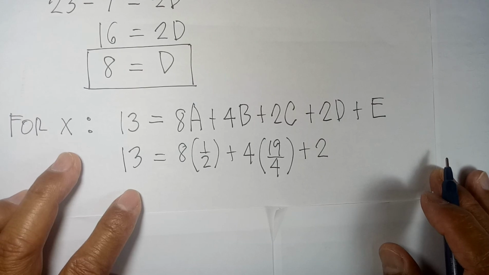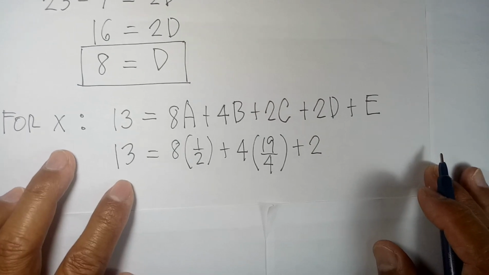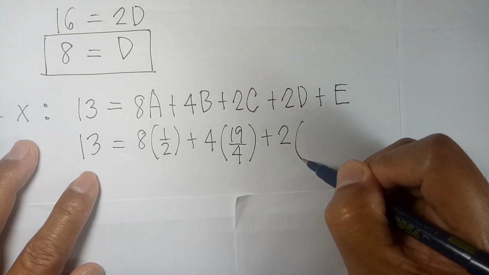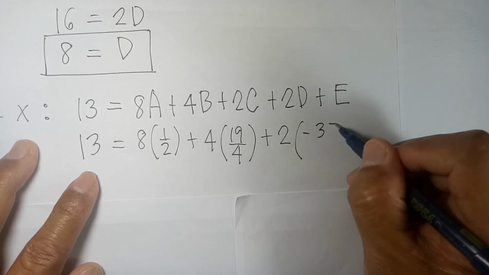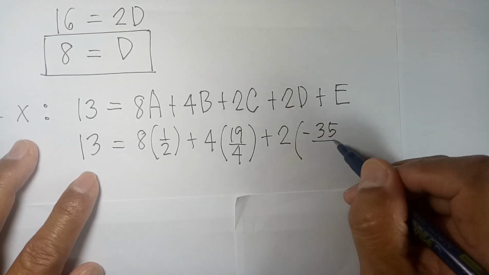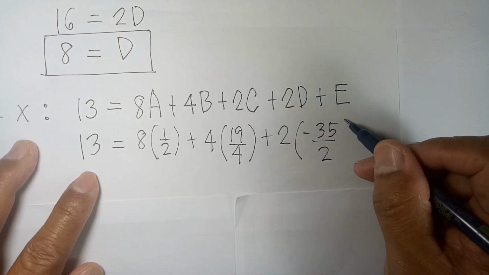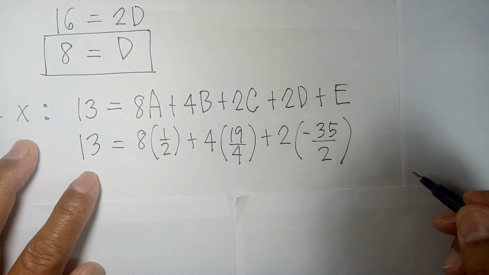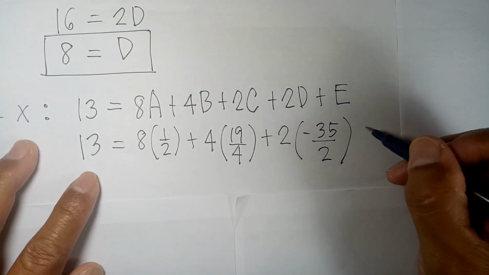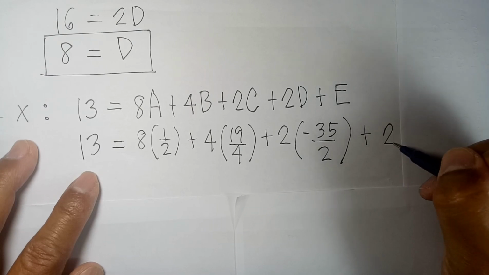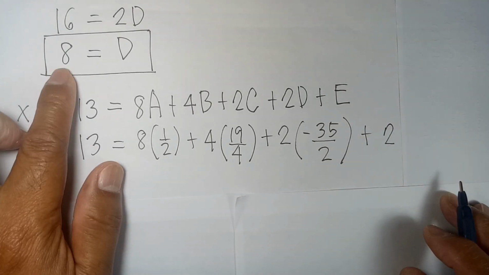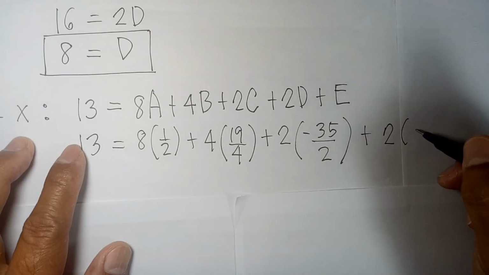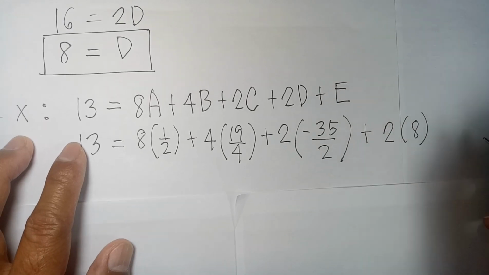Yung C naman natin ay negative 35/2. And then plus 2D. At ang D naman natin ay 8. And then plus E.